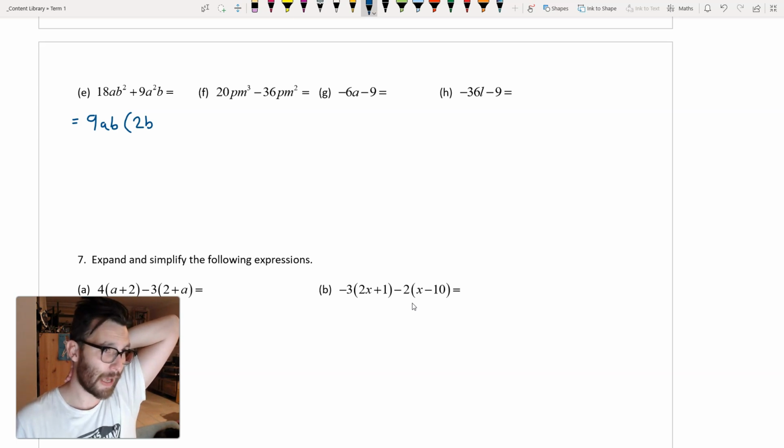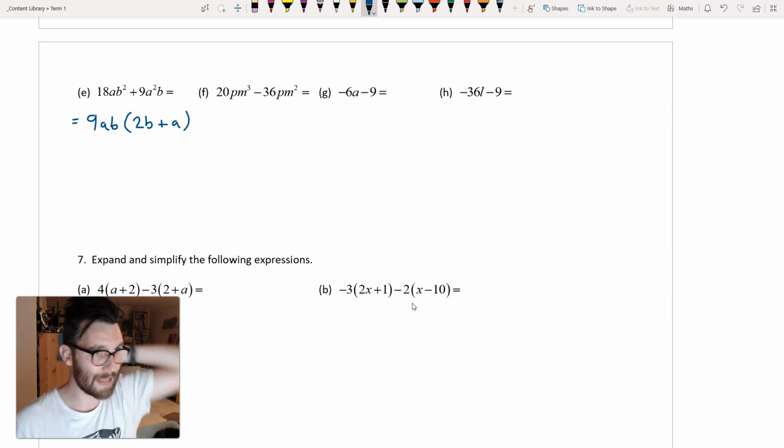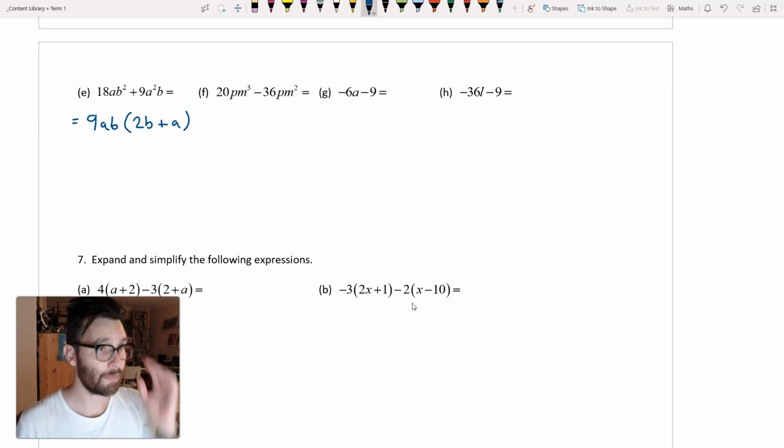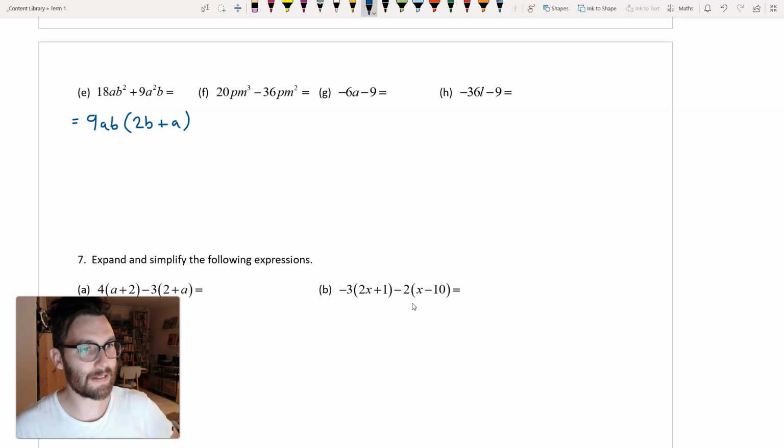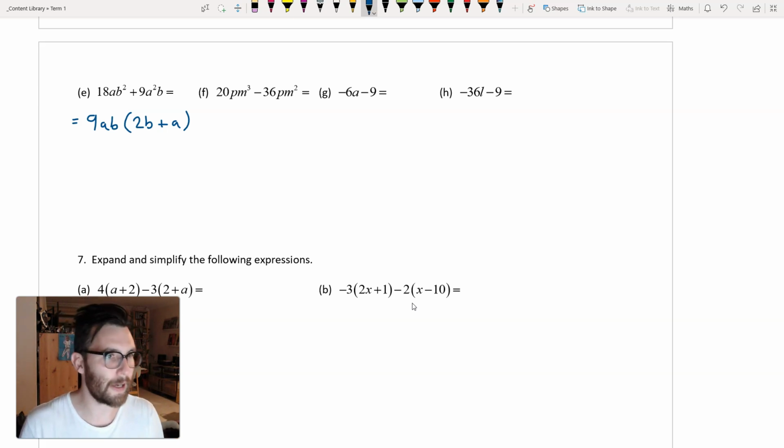And then for 9a squared b, we've already got a 9, we've already got a b, we just need another a to make it a squared if we multiplied that back out. Wonderful. But again, like I say, that's hard. And that's more to help you prepare by doing things that are a little bit trickier.